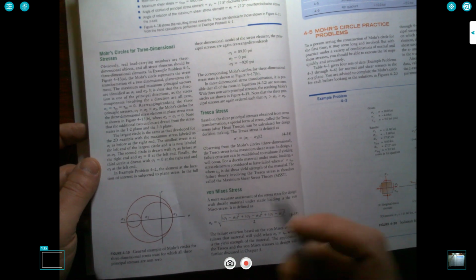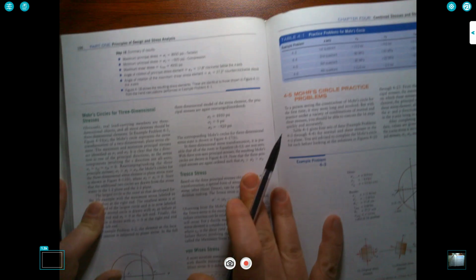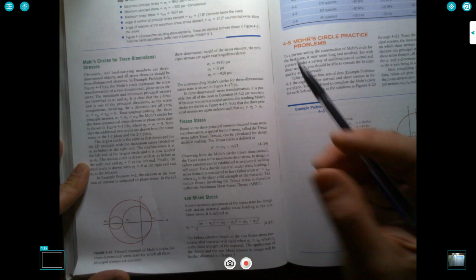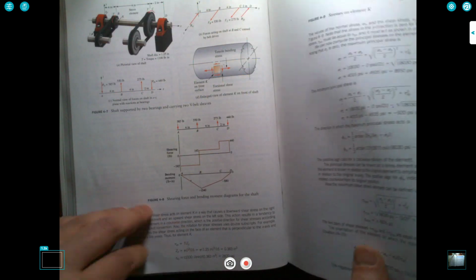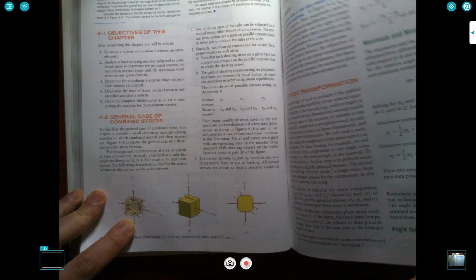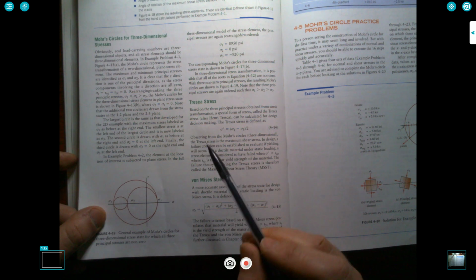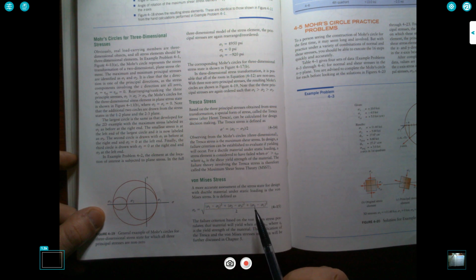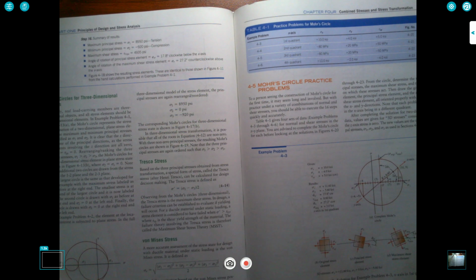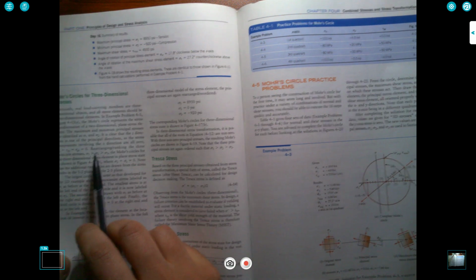So what they show, they talk a little bit about this over here, where you start seeing that you have 3 stresses, right? Really, if you look at three-dimensional, in the real world, you have 3 dimensions. So we saw in the very beginning that they had that 3-dimensional cube, and from that you would add that third dimension for sigma x, and you would get this sigma 1, sigma 2, and sigma 3 value. Essentially, you would rank them.